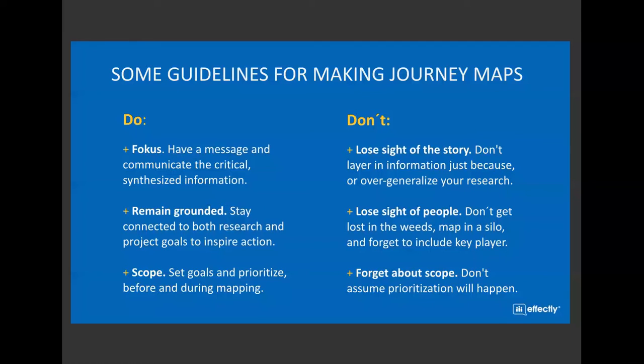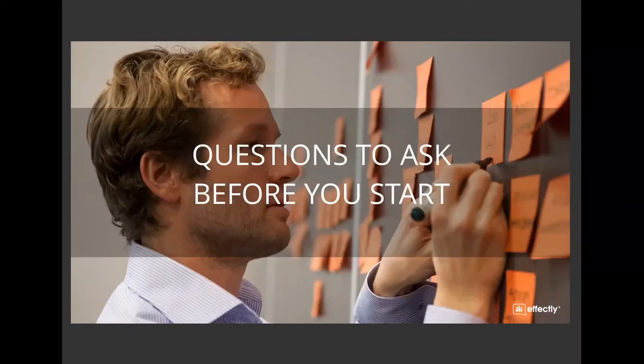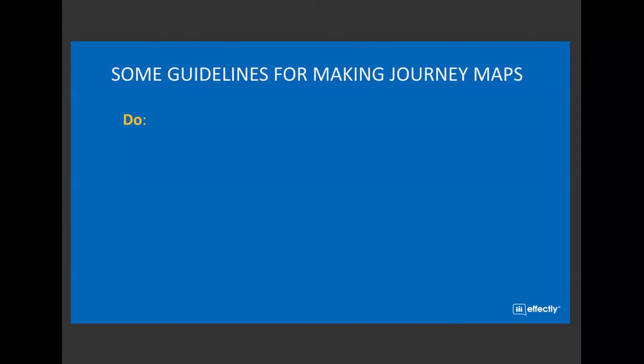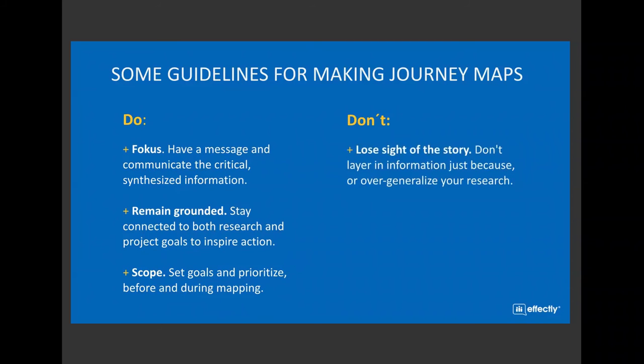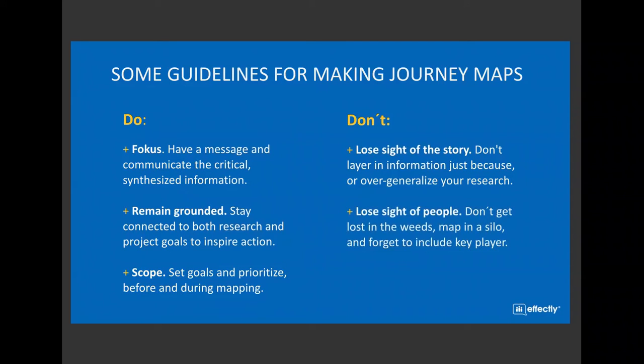And also remain grounded, stay with your two feet on the ground, and stay connected to both research and product goals to inspire action, because action is the most important thing here. And also the scope. You have to set goals and prioritize before and during the mapping. So there is a goal. What kind of goals do you have with your project and process for journey mapping?